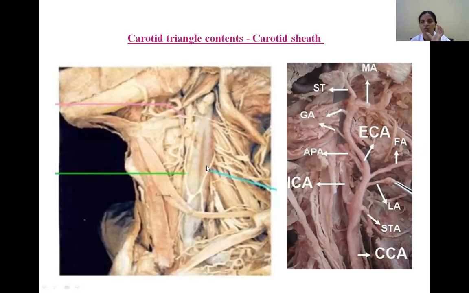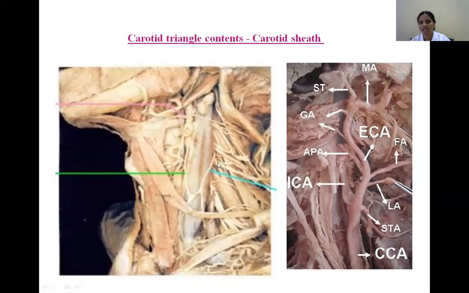Ansa means a looped structure. Cervicalis means the cervical nerves are forming a loop. And what is its location? The anterior wall of the carotid sheath. Clear? So on the anterior wall of the carotid sheath, there is a looped structure formed by the cervical nerves, known as the ansa cervicalis. That is the first important structure of the carotid triangle.